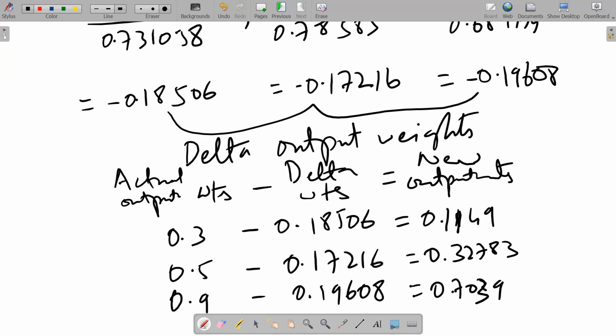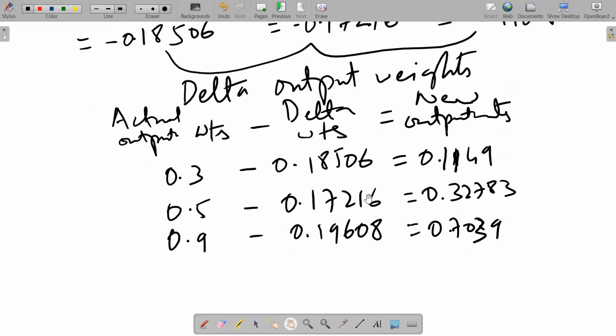What are we trying to do? Are we trying to reduce the weights or increase the weights? The objective is to minimize the error, not to maximize the error. You have got an error, you need to minimize it.